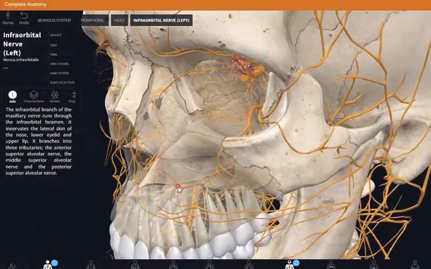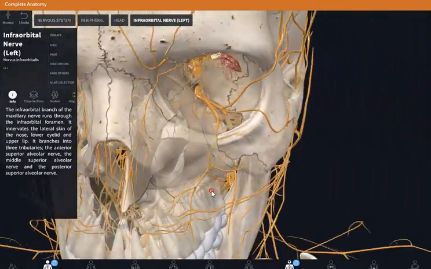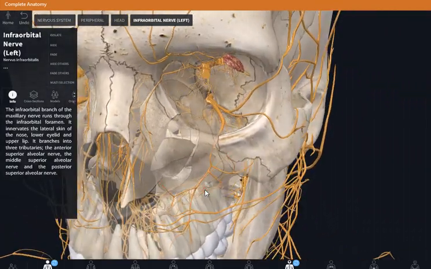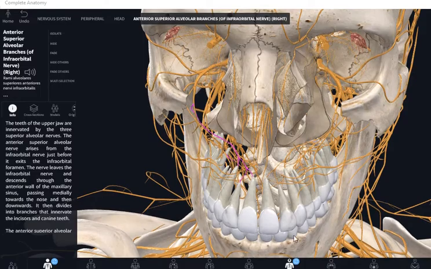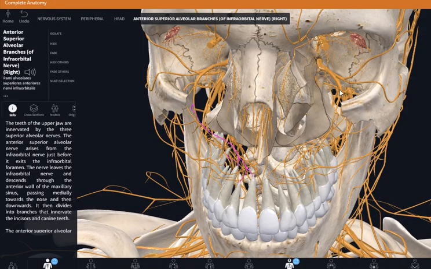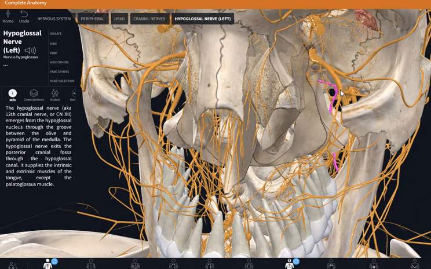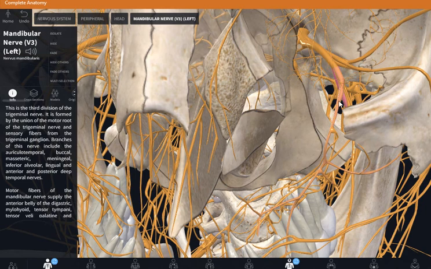So this is for the maxillary nerve. Now internally, the maxillary nerve also gives some branches. We know it gives an anterior branch here, which is the infraorbital nerve.